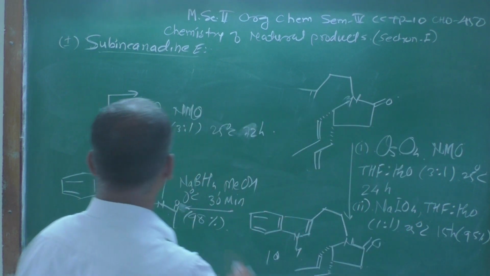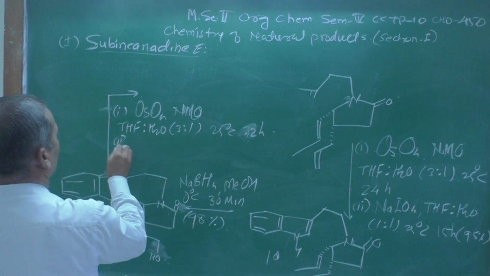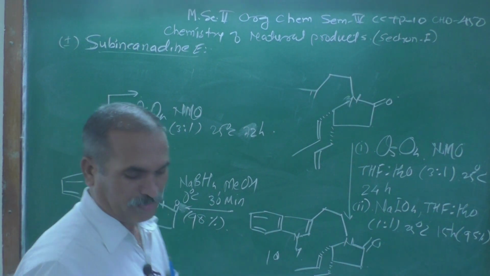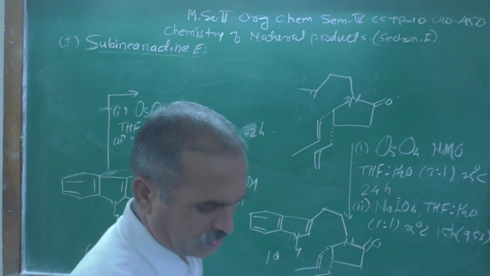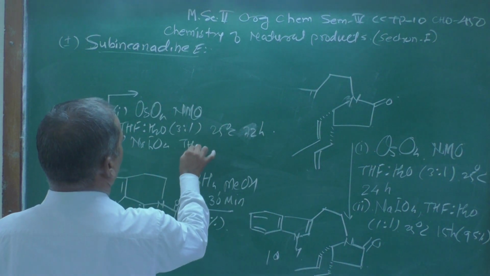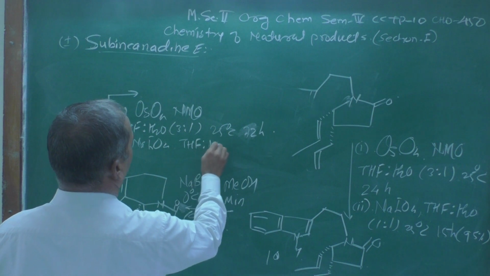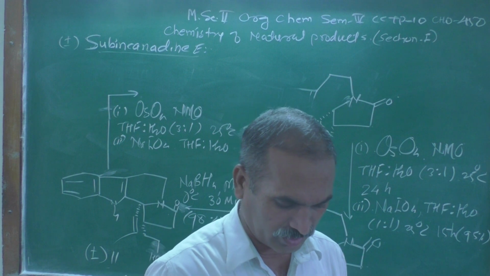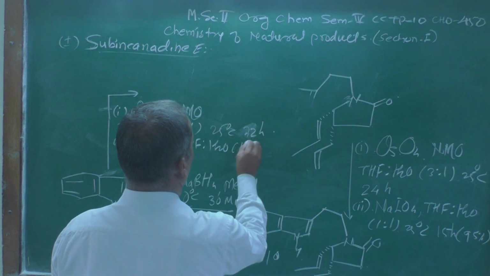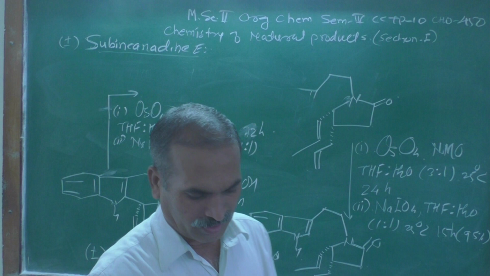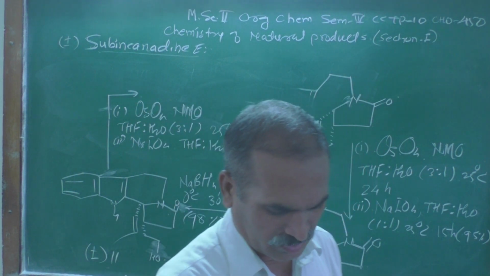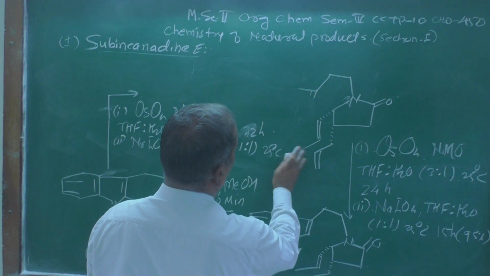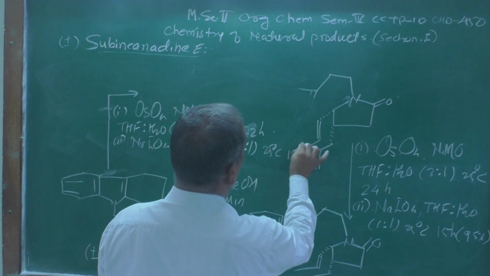And the second reagent used here, once again NaIO4, sodium periodate, then THF solvent proportions, again the same combination, tetrahydrofuran and water, which is 1:1, kept at 25 degrees centigrade and stirred for 15 hours.